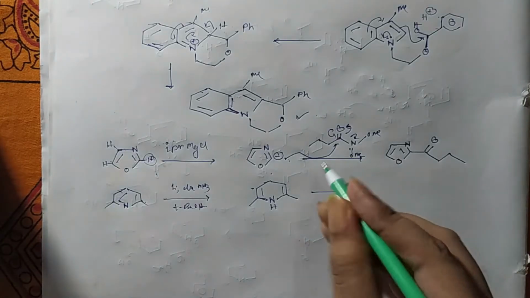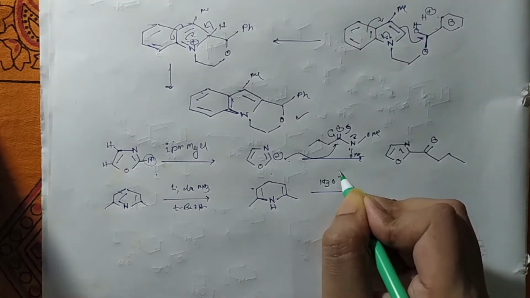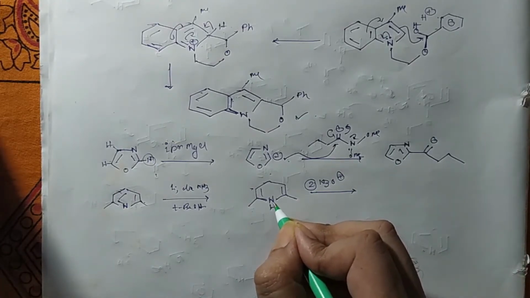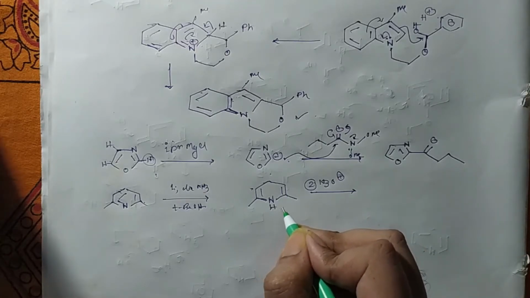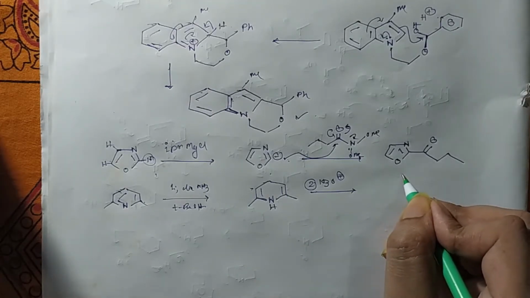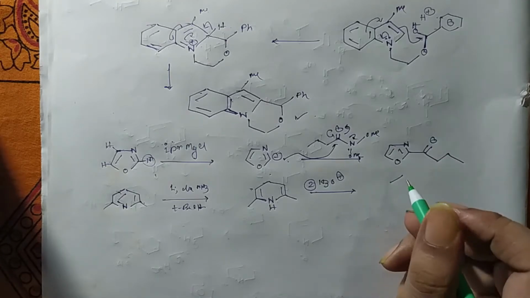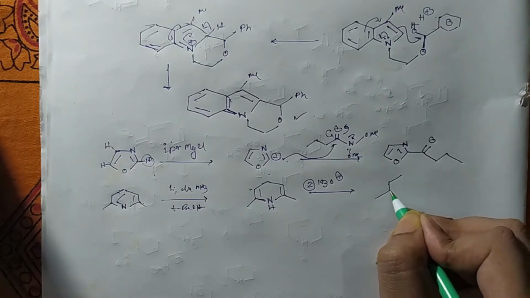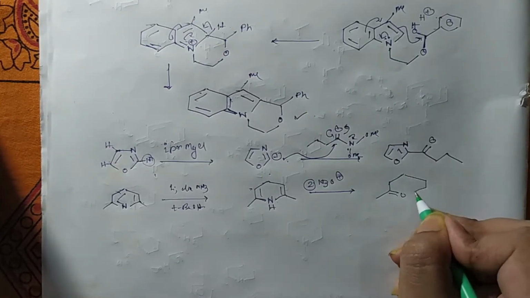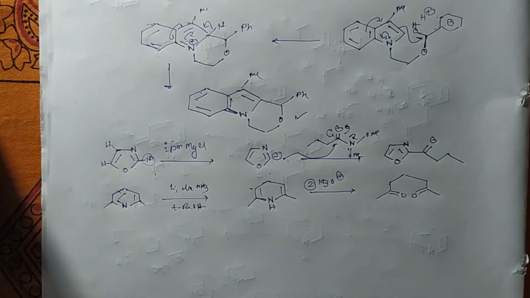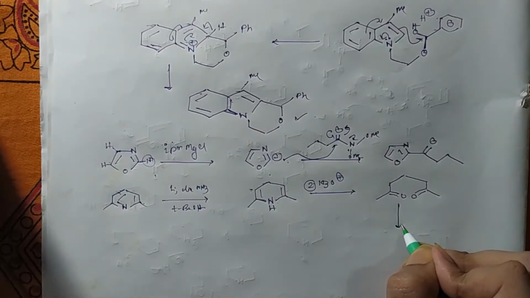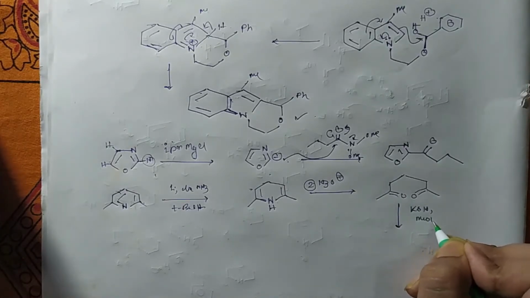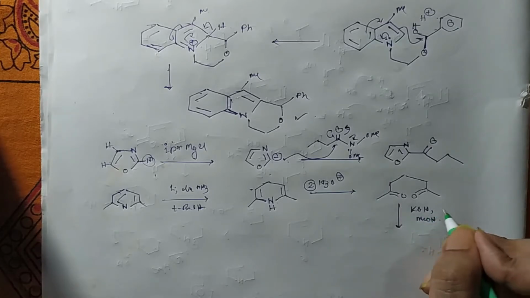After that, hydrolysis is carried out in the second step. After hydrolysis the ammonia is released and we get a diketone. After the hydrolysis, the third reagent was given, KOH in methanol, which is just an aldol condensation reaction.